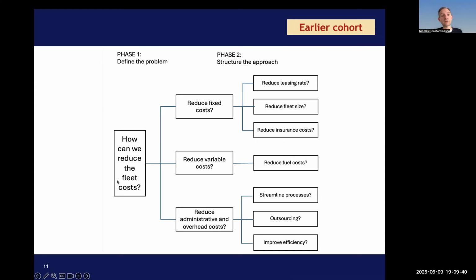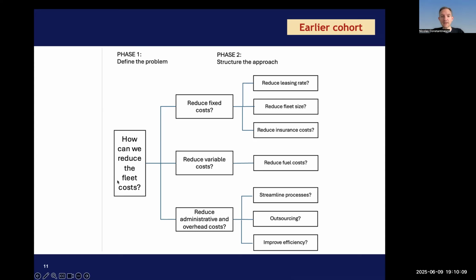So where you draw the distinction between fixed and variable is a little bit arbitrary, and it depends on the horizon you choose to work with. This is why I'm always a little bit uneasy with this kind of breakdown. It's not wrong, but it sometimes makes things a little bit difficult.